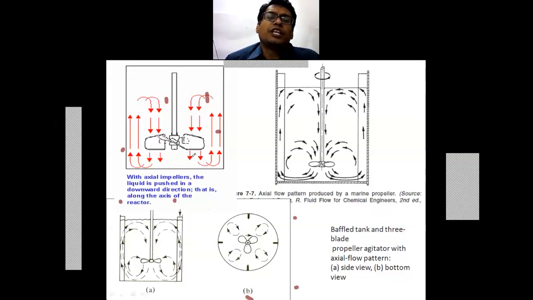The fluid moves in the downward direction and then in the upward direction, comes back near the impeller, and is again forced to move downward. So with the axial impeller, the liquid is pushed in a downward direction, along the axis of the reactor. For that purpose, I have provided a certain angle to the blades. Then and only then my fluid is going to move in a downward direction.